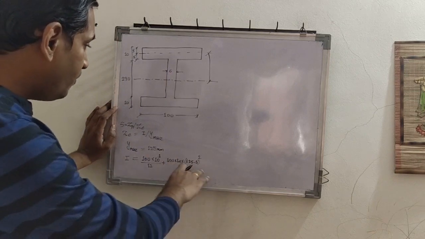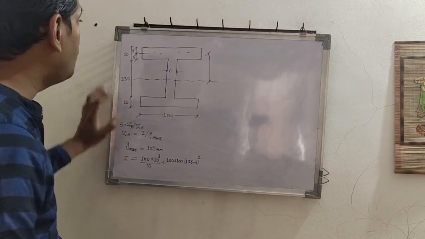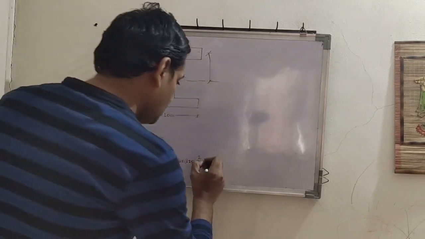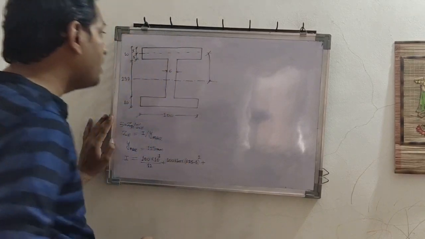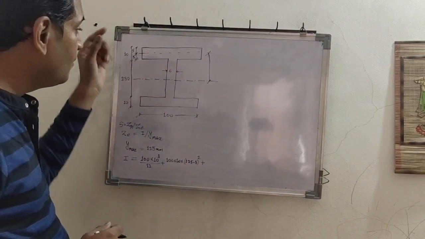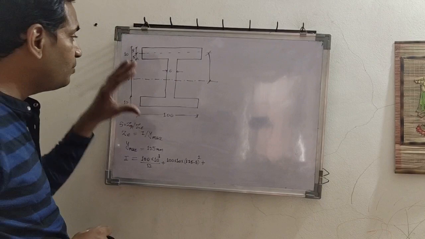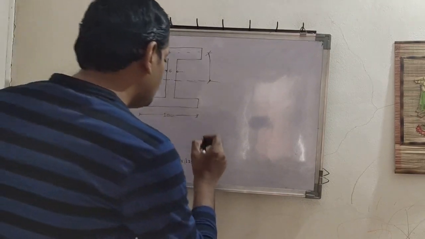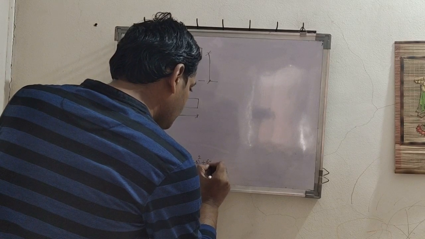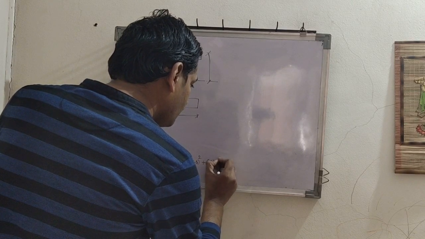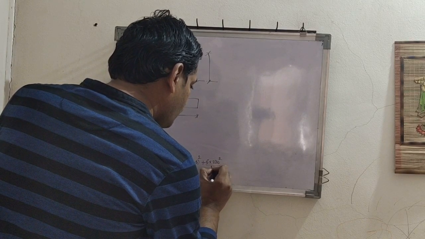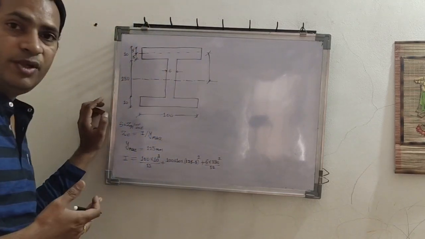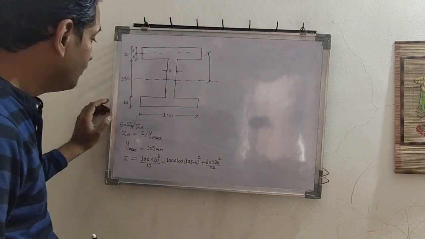So BD cube by 12 plus AH square for top flange, plus now we will come to web part of the section. Width of web is 6, depth of web is 230. So 6 into 230 cube upon 12, BD cube by 12. AH square will be 0 for web because H will be 0.